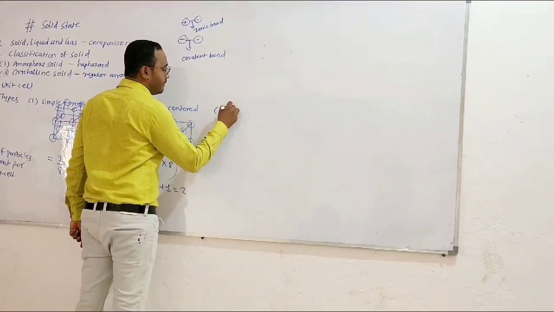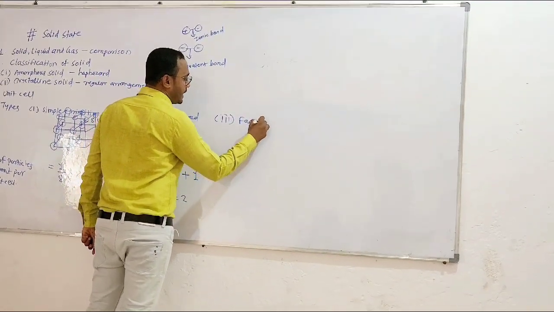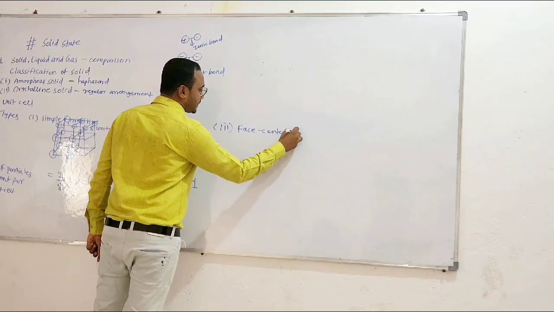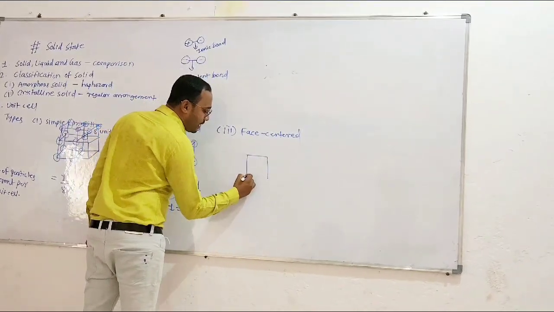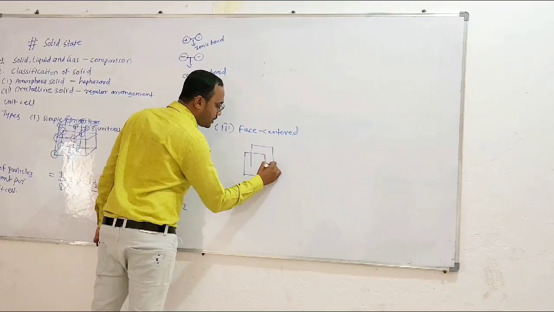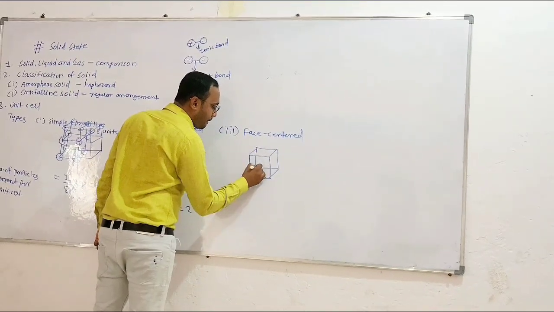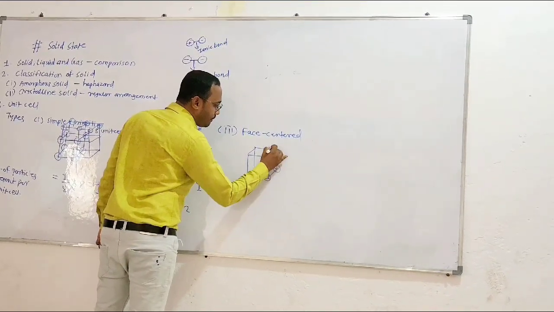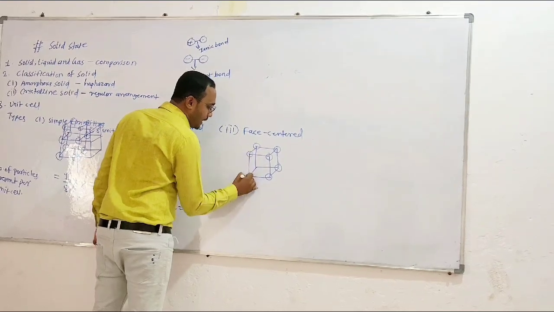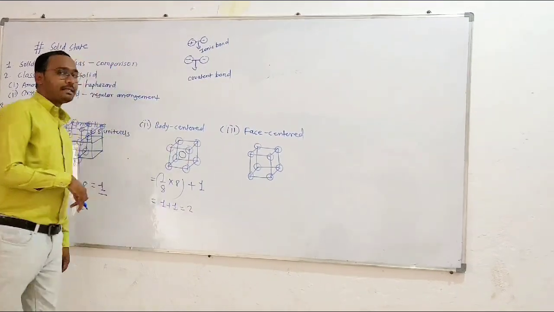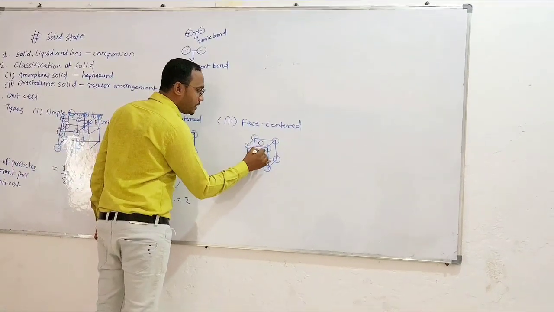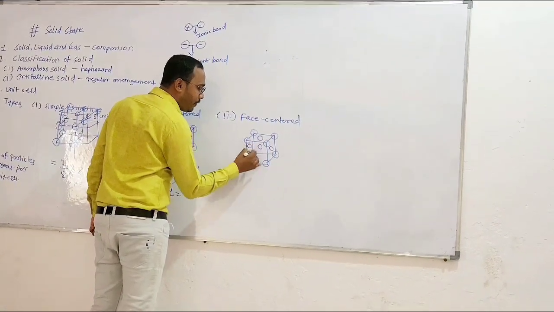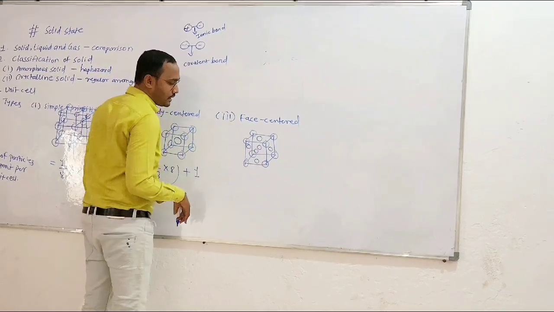And the next type is face centered. In face centered unit cell, the 8 particles are present at the 8 corners of the unit cell, and 6 particles are present at the center of the 6 faces: 1, 2, 3, 4, 5, 6.